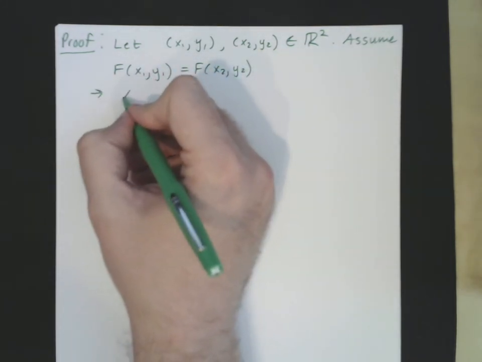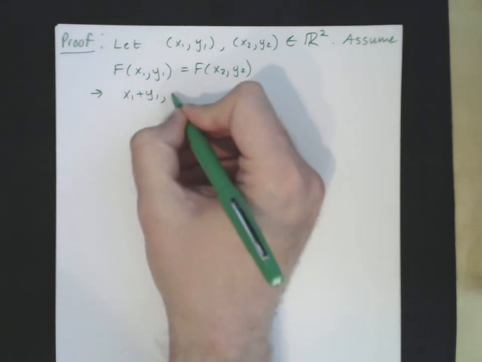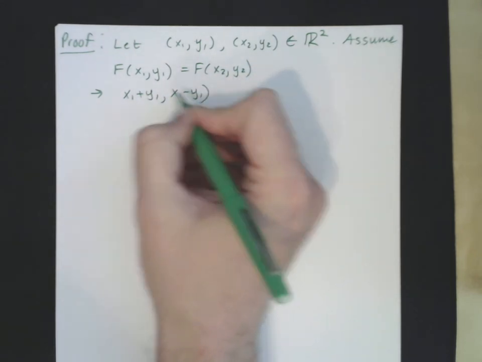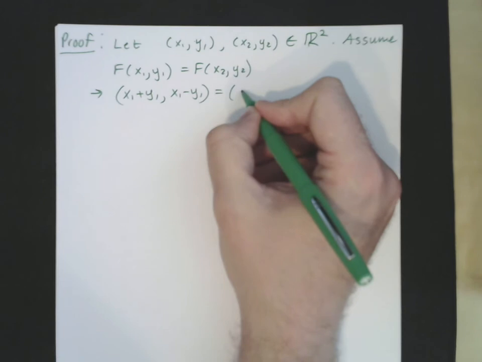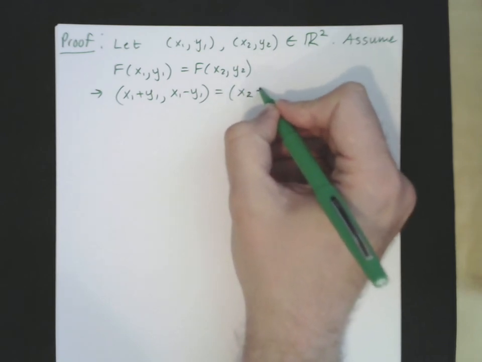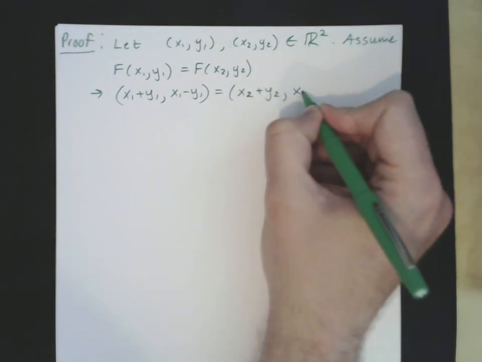This means that (x1 plus y1, x1 minus y1) equals (x2 plus y2, x2 minus y2).